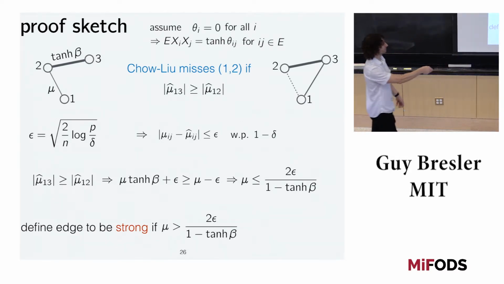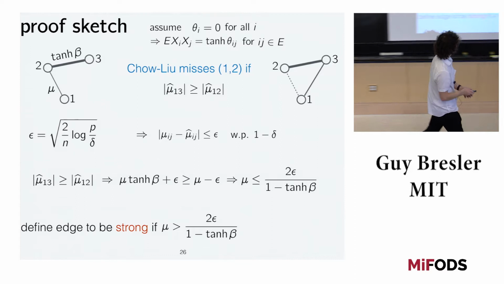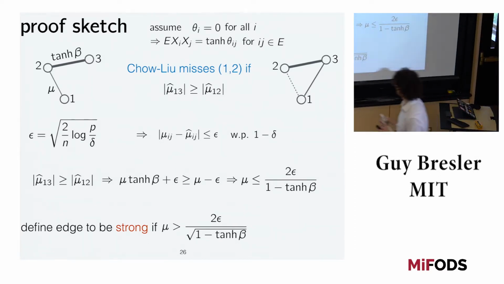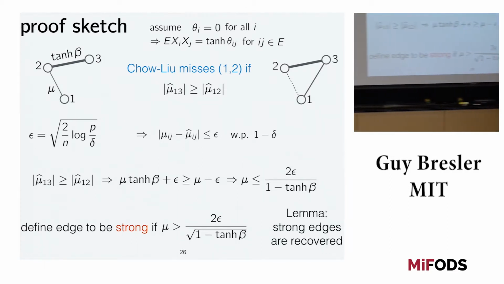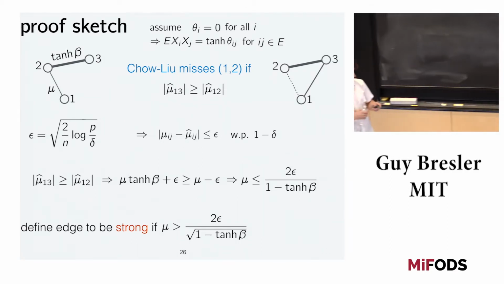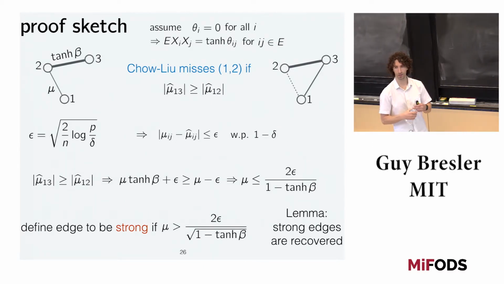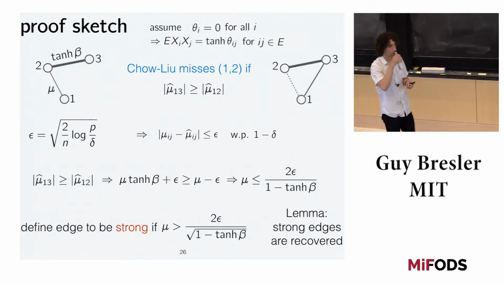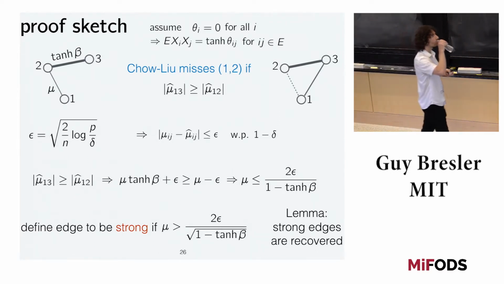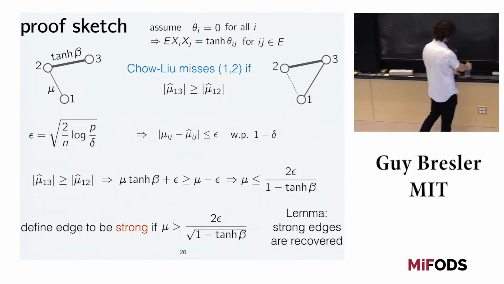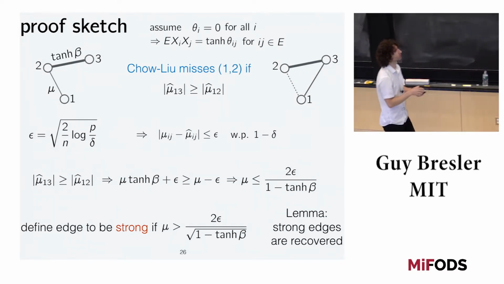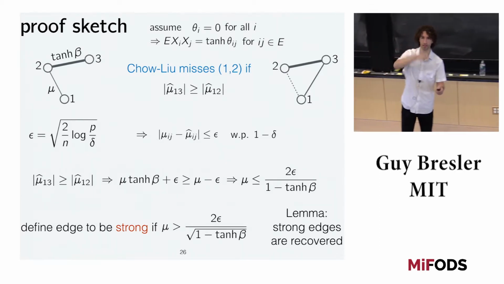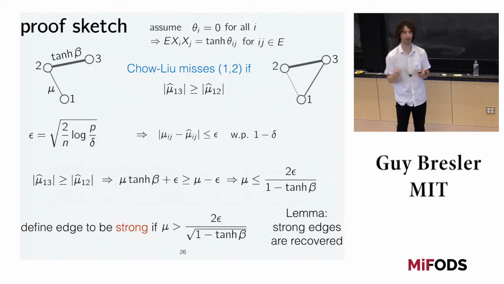You can define an edge to be strong if mu is bigger than this quantity. There's a slight improvement one can get with a square root in the denominator that I won't get into. The basic lemma is that strong edges are recovered, because then the correlations are ordered appropriately. Now, to get the full statement, one has to consider arbitrary incorrect edges added to the graph and consider the cycle that connects to the endpoints and so forth.